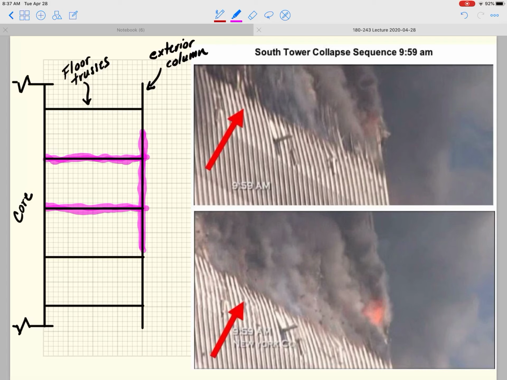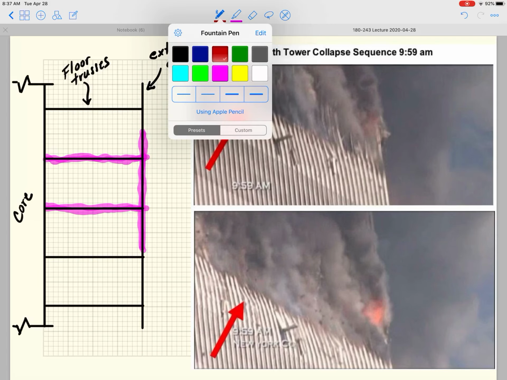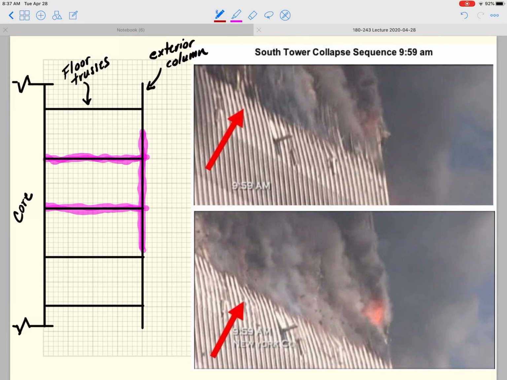unbraced length, right? So if this guy here, I'll do it, I guess, in red. So this is, I guess we call this 3. And I'm going to write it sideways, so. So we've increased the unbraced length of the column, right?